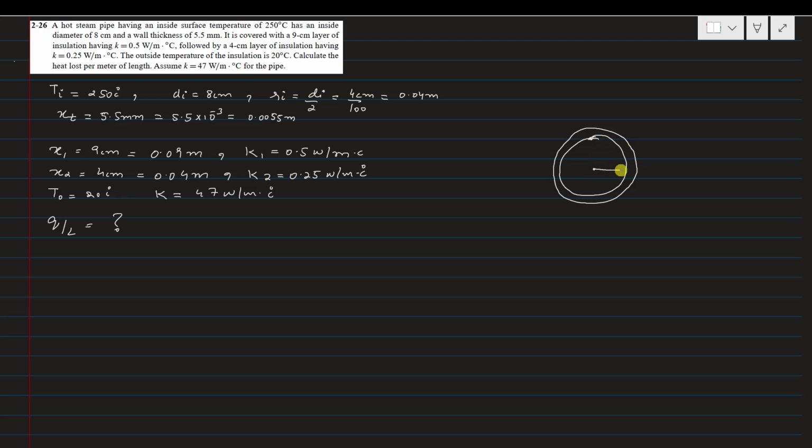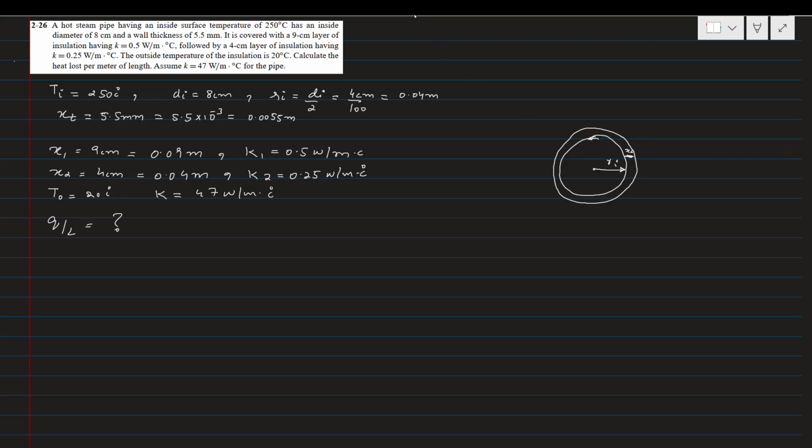Its internal radius is Ri, and the thickness of the pipe is Xt. This is Xt.